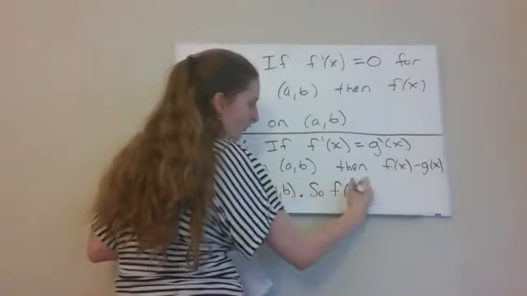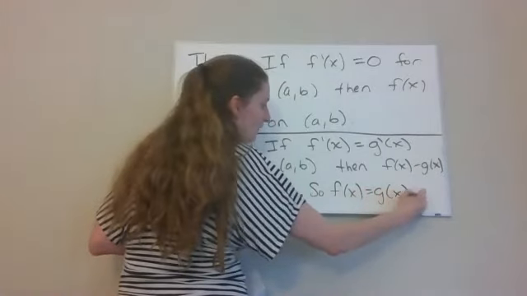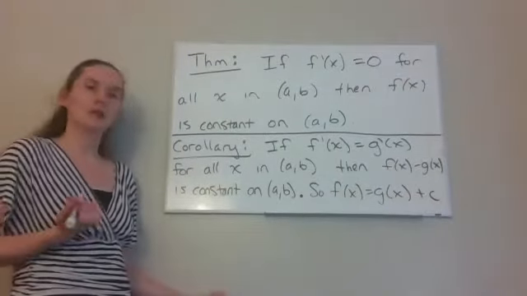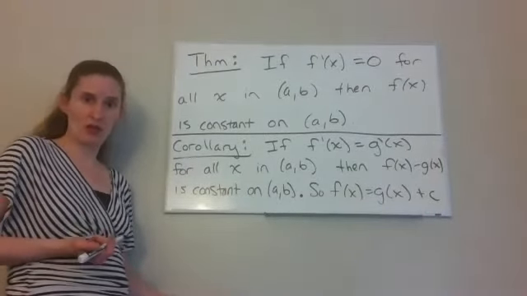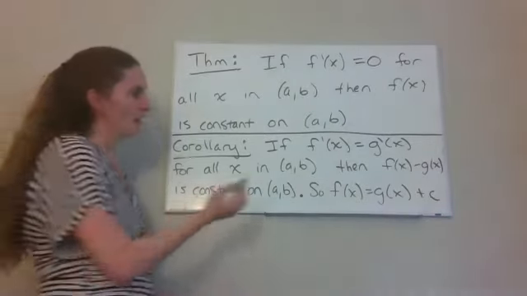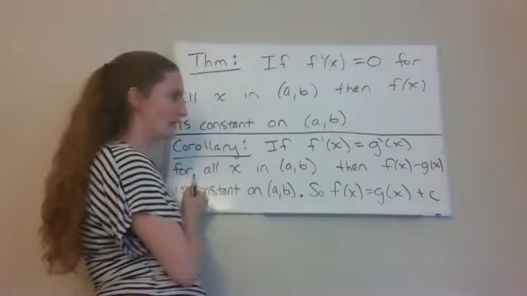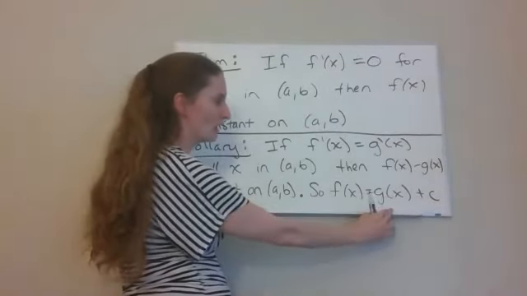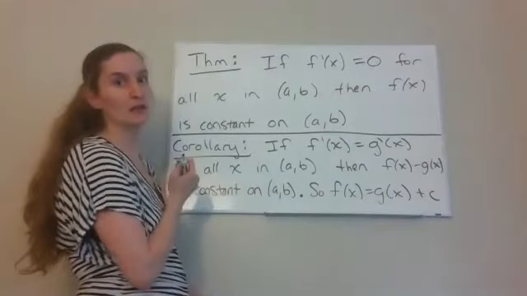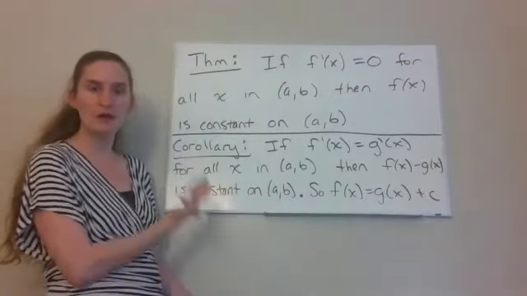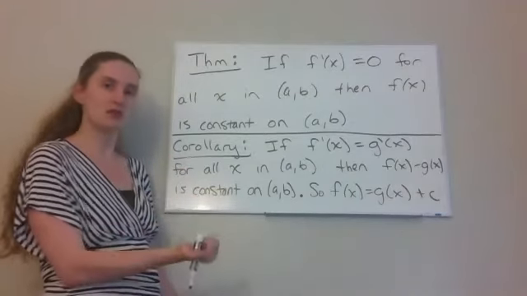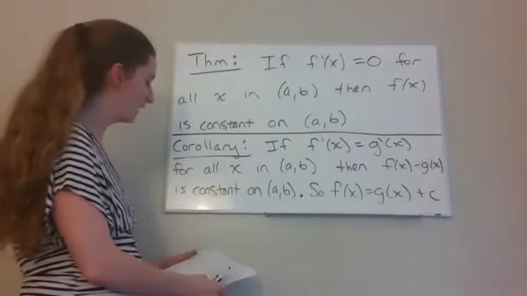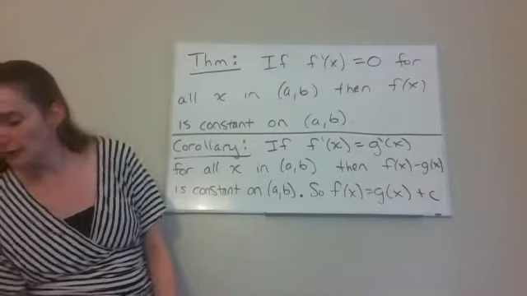And that means that f of x is going to be equal to g of x plus some constant c. And this also makes sense in general. If I have f of x equals g of x plus c, well then f prime of x would be equal to g prime of x plus the derivative of that constant. The derivative of the constant is 0, so I would get f prime equals g prime. The conclusion makes sense. So both of those are actually facts that follow from the mean value theorem.